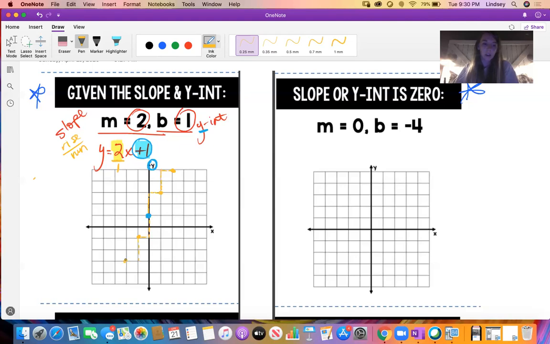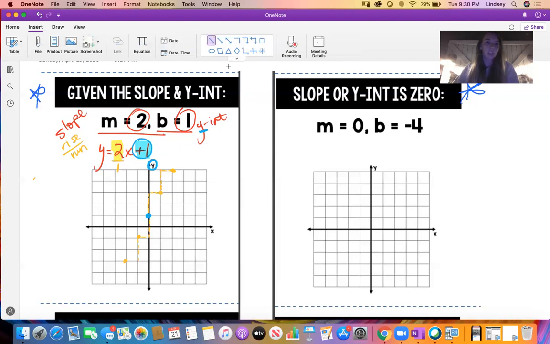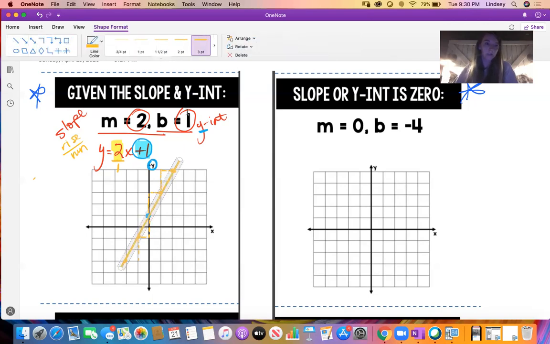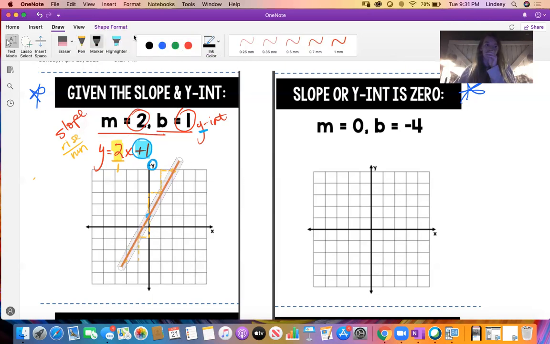Down 2 over 1. Then you can create a line that goes through those points. And there you have just graphed that equation.